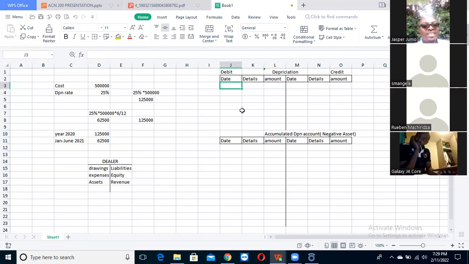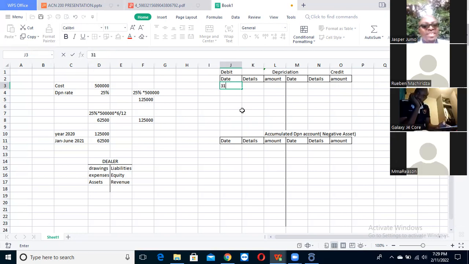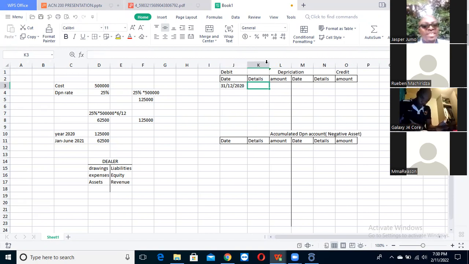We come here and put the date. We're told that it is for the year 2020, so let's write 31/12/2020. That becomes our date there, and we go to put in the details.